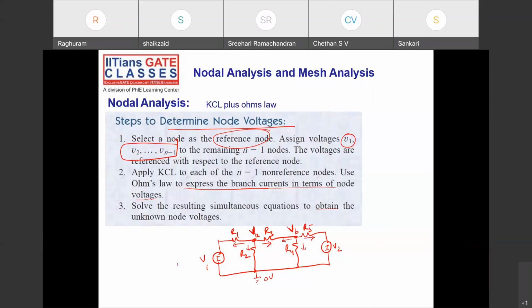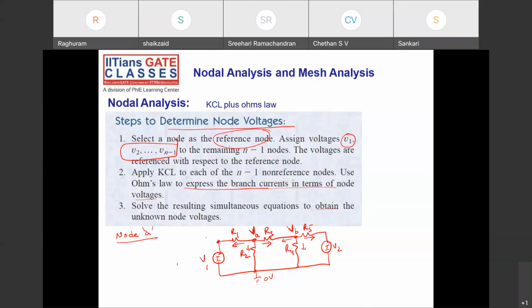Taking leaving current, tell me, what is the leaving current here at node A? I'm writing the equation for node A. Don't get confused here. This will apply to all the networks, all the questions from nodal analysis. At node A, tell me the current equation VA, and this current flows in this direction.